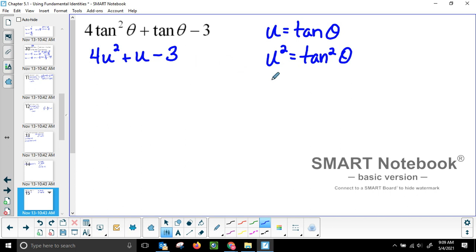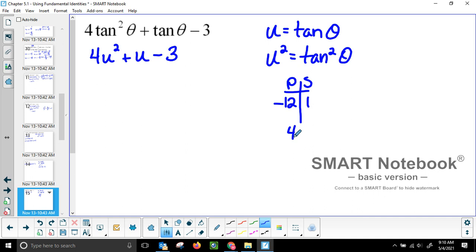All right, now this has an a other than 1, so I'm going to go ahead and use my trash can method here. Remember, a times c gives me negative 12, and b gives me 1. So I need two numbers that when I multiply them together give me negative 12, and when I add them together they give me positive 1.